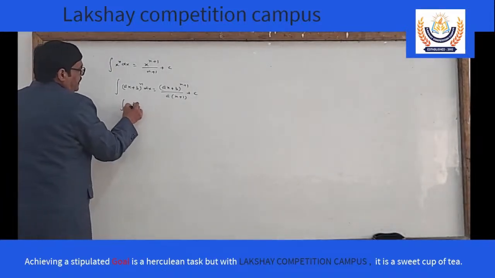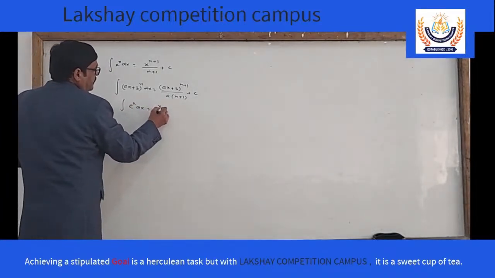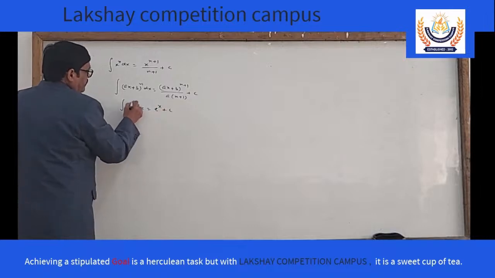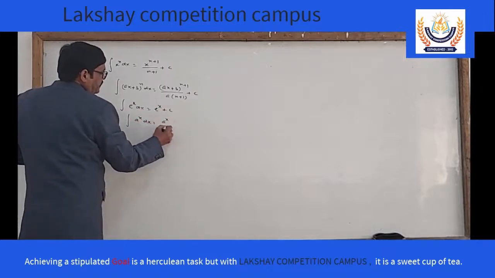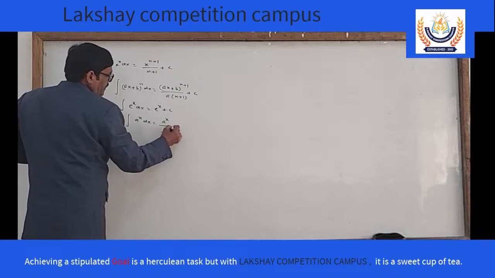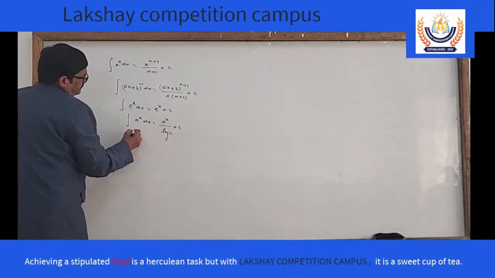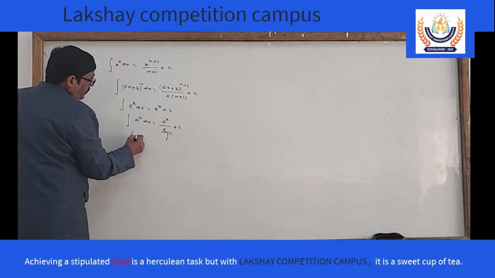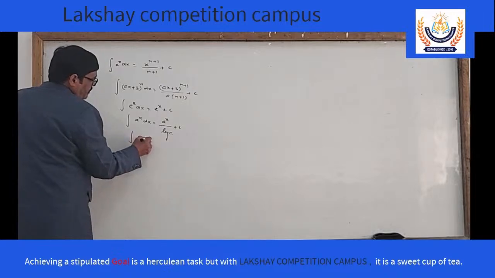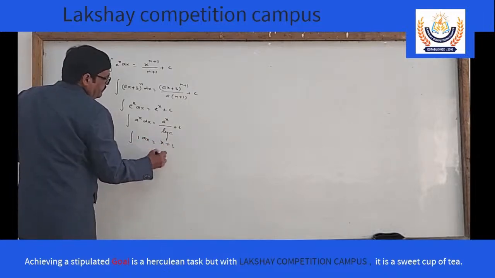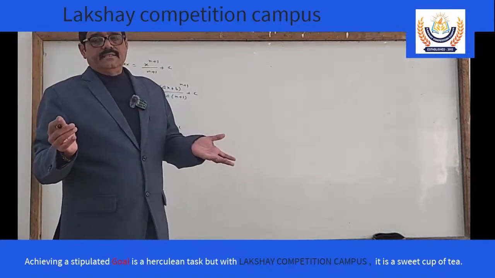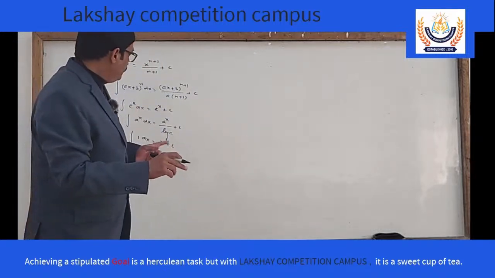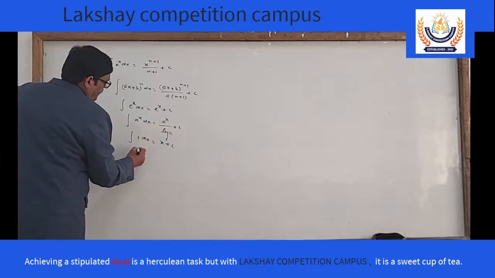Integration of e power x is e power x plus c, a power x upon log a. Integration of 1 is x, the opposite of the derivative of x, that is 1. So integration of 1 equals x.